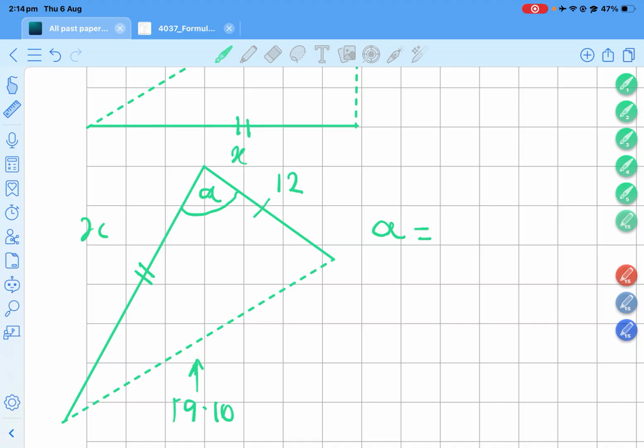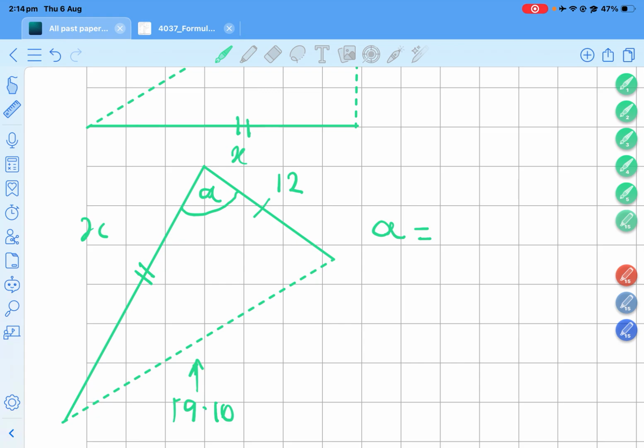So 14 something squared plus 12 squared minus the 19.10 thing squared, all over zero. So basically I'm dealing with the cos.